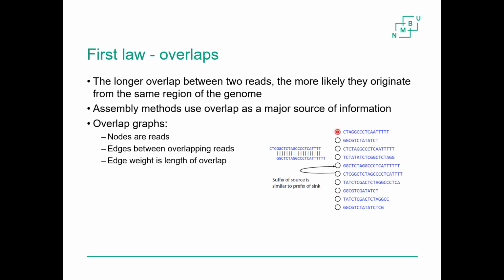So each node here now, the circles here, corresponds to a read, right? And these reads are of different lengths and so on, but that's quite typical.